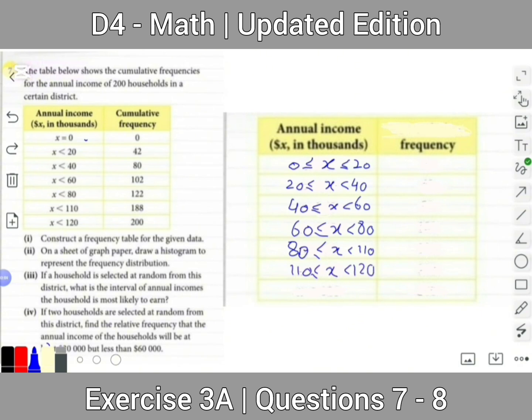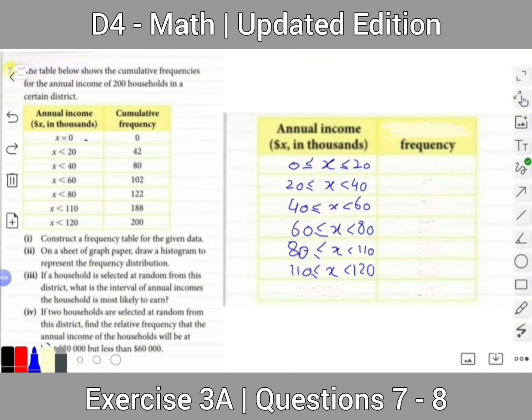For each class interval, we have to subtract the cumulative frequency of the previous interval from the current interval's cumulative frequency, and this gives the frequency for the specific class interval. So, construct a new frequency table with the same class intervals and a frequency column, calculated as differences from the cumulative frequencies.